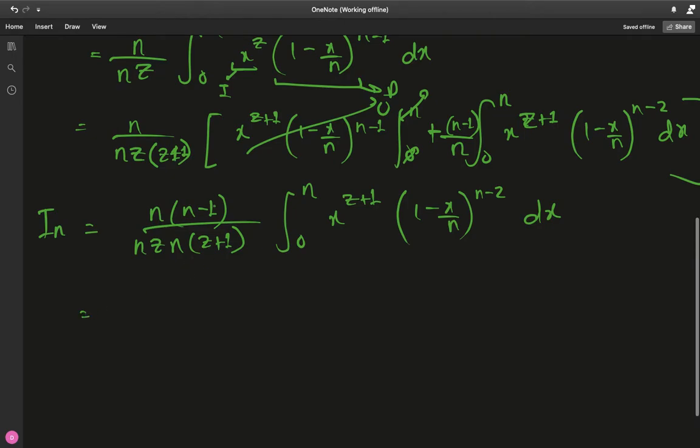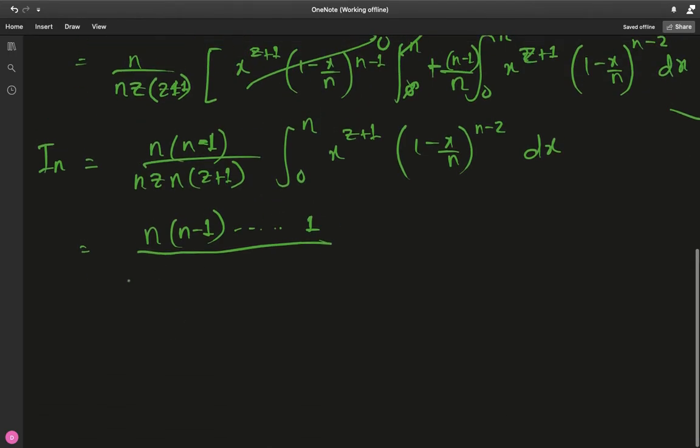And you're developing this pattern of factors, which is pretty evident, I think, because this n minus 1 is always 1 greater than what the power of this 1 minus x over n term was. So if we reduce this power to 0, we will end up with an eventual factor of 1. So with n times n minus 1, that will go on till 0. So n times n minus 1 times n minus 2 times n minus 3 till 1, because that's when, for the last expression, this will have a power of 0.